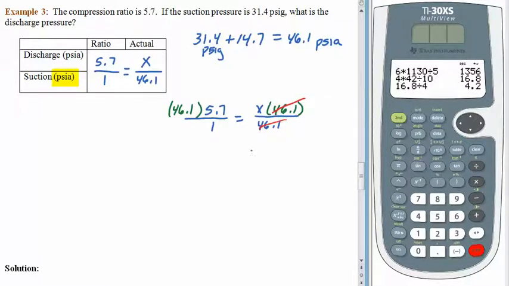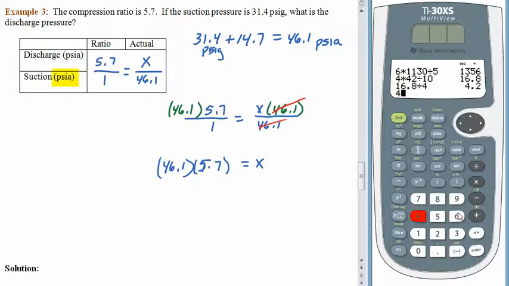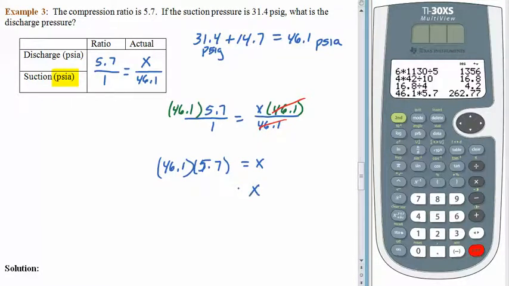This one's actually super easy because there is no extra calculation after this at all. x is whatever 46.1 multiplied by 5.7 is. 46.1 multiplied by 5.7 comes out to be 262.77. 262.77 what?